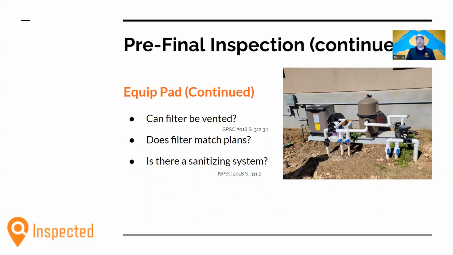And lastly, on your equipment set, you want to make sure there's a sanitizing system. If you'll see the equipment set on the right, you've got a big Hayward 950 pump, you've got a large 580 filter, a heater, and then pipes and valves to move it back to the pool, but there's no means by which to add the chlorine, which is in those boxes, to the pool water.